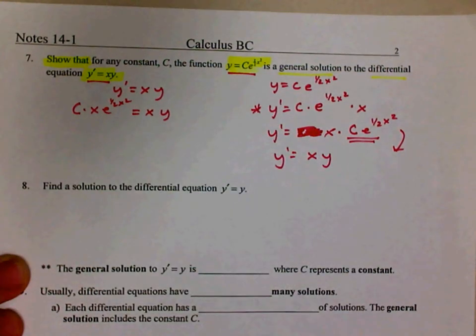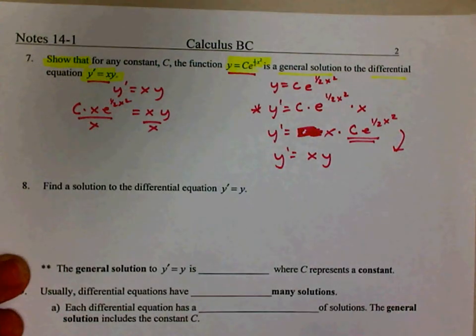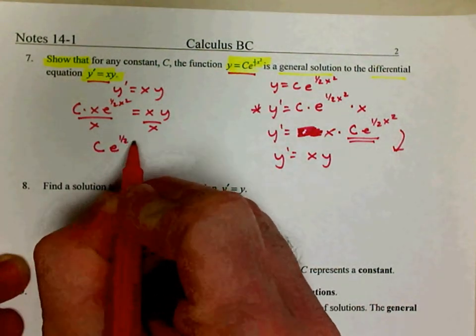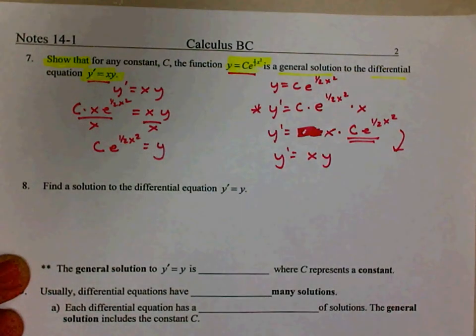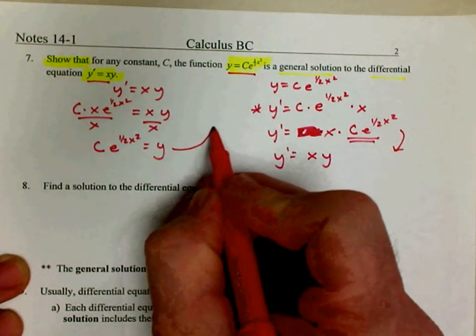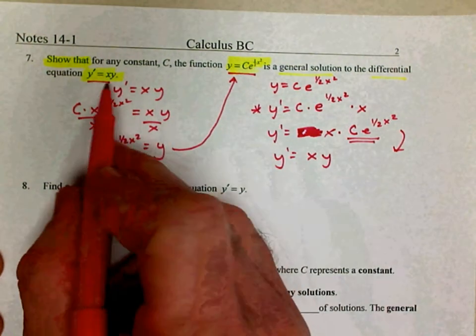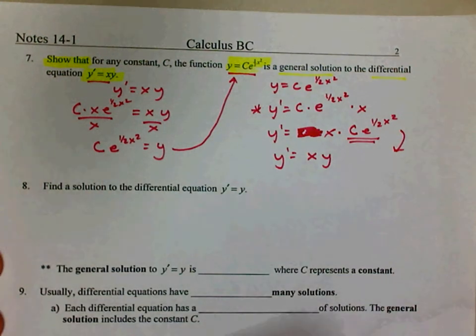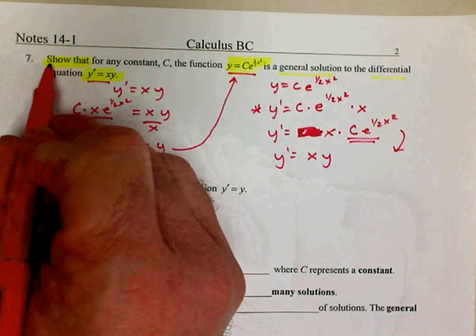If we divide both sides by x, this leaves us with c times e to the 1/2 x squared equals y, which was this right here. Okay? So in both of these instances, I want to point out, we're starting with one, doing some type of algebra, derivative, manipulation that gets us to the other. And that's what we're trying to do when it asks us to show that.